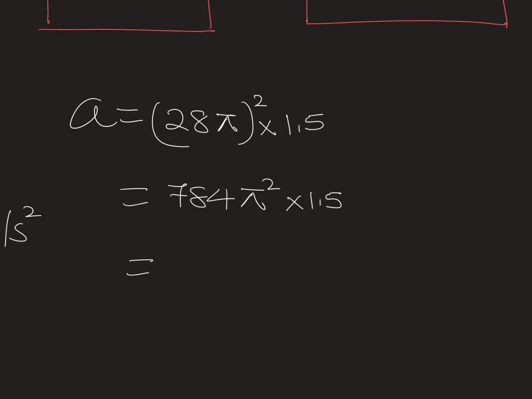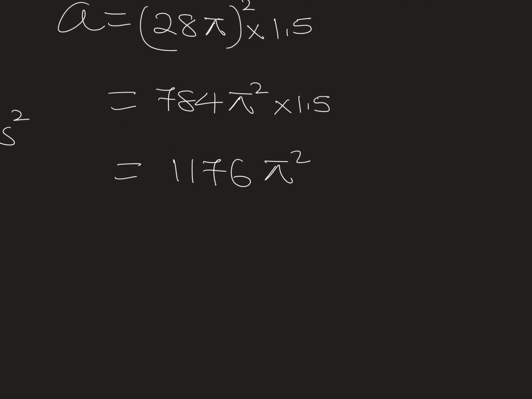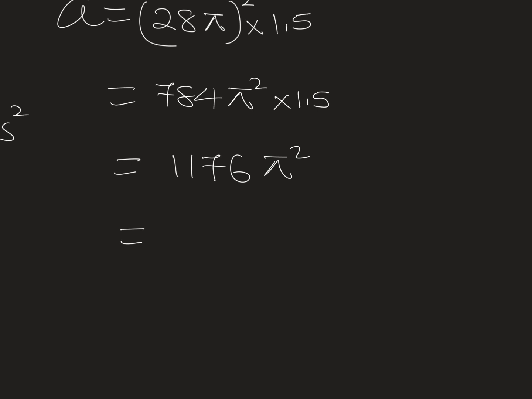So 784 times 1.5 is 1176 pi squared. If we substitute the value of pi, we'll have 1176 times 22 over 7 all squared.